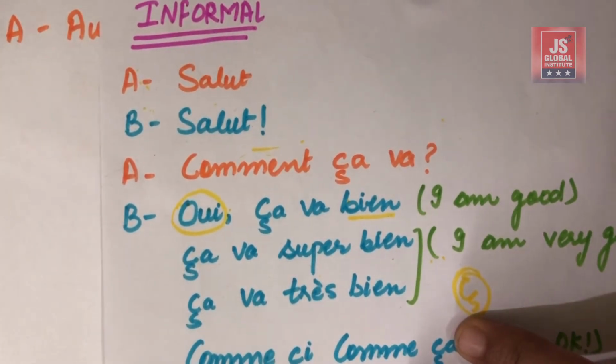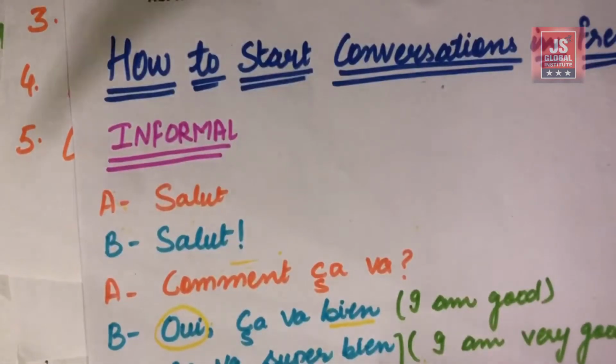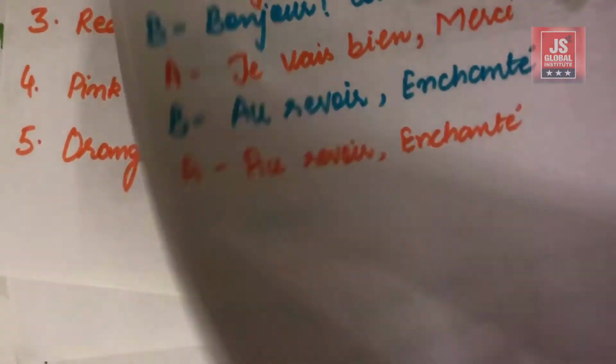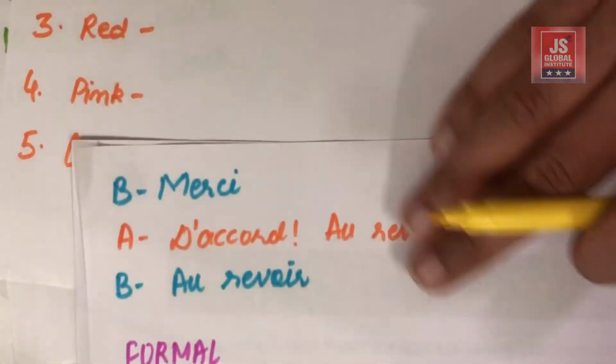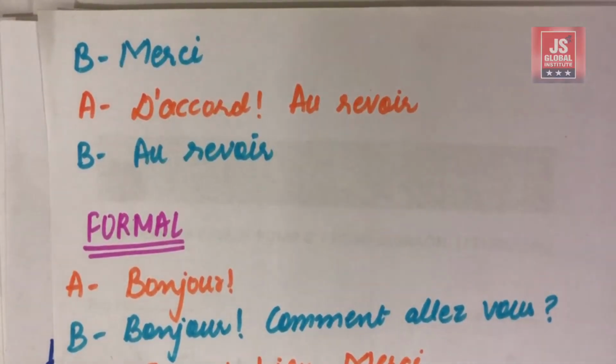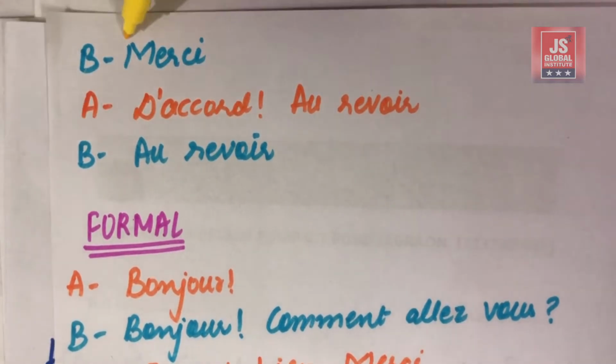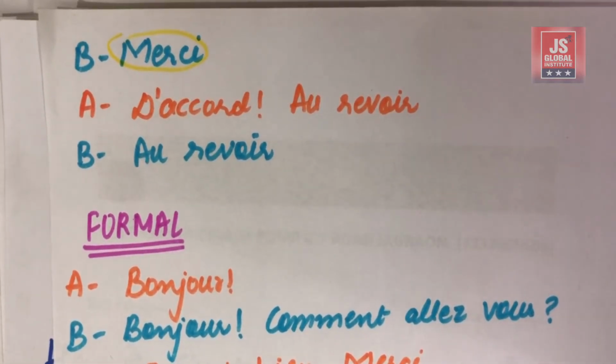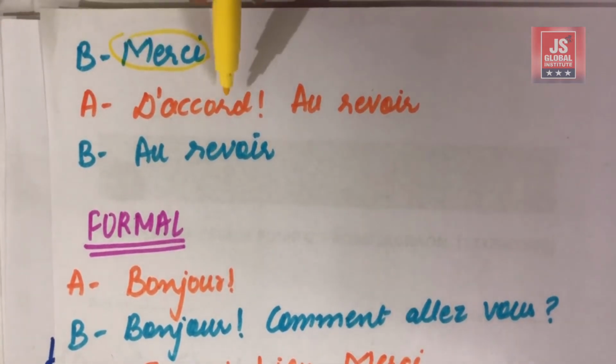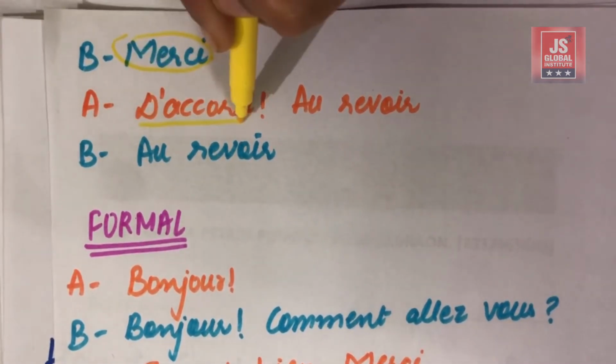So what is thank you called in French? I told in the previous video as well, in the first video, the very beginning day, the salutations day. It is called merci. And after that, what might the other person say? D'accord.